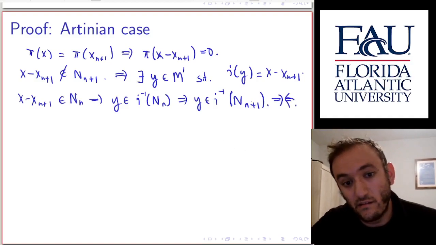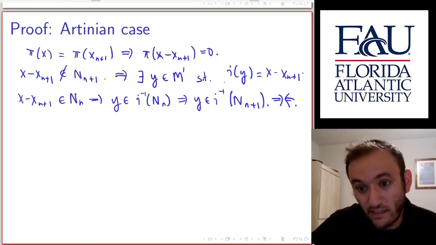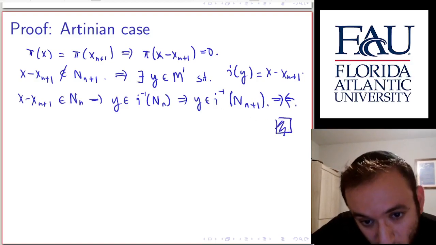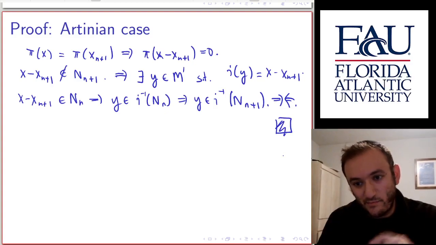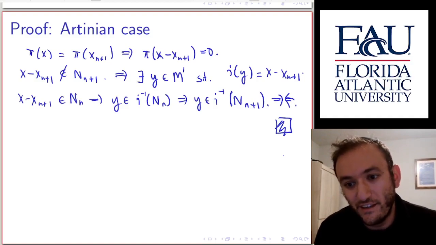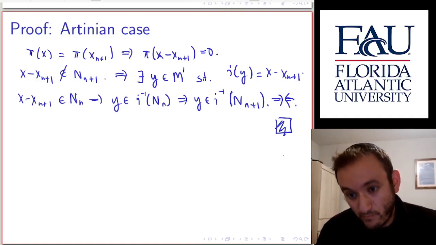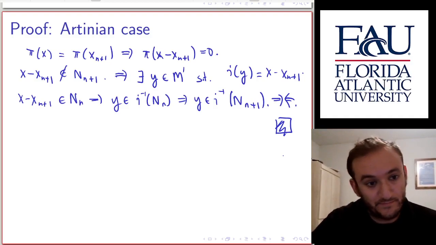Because then x minus x_{n+1} will be in n_{n+1}, even though x is not in n_{n+1}. Okay. So, a little bit convoluted, but the idea is you chase things backwards and forwards, and you eventually find the contradiction you're looking for, to show that M itself must satisfy the descending chain condition.